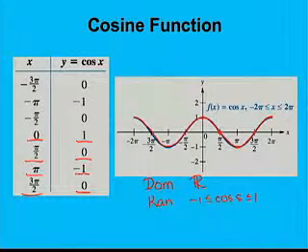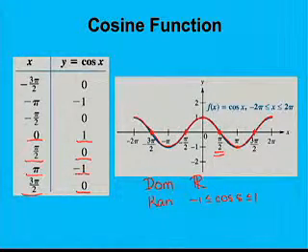The x-intercepts this time happen at different points, but again, they are repetitive in that they are the odd integer multiples of pi over 2. Odd integer multiples. In this particular case, the cosine is an even function.